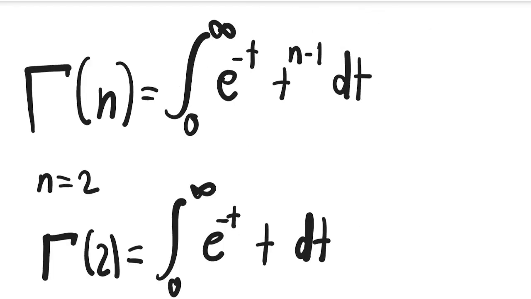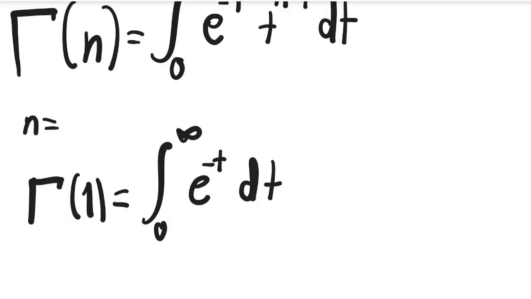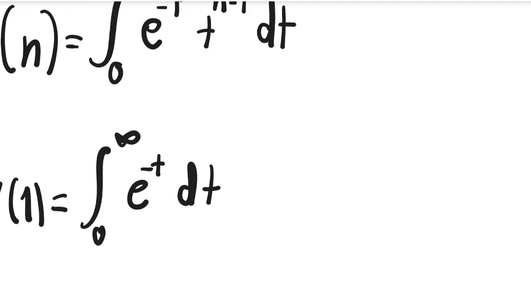We have a very specific, pretty well-known case, which is gamma of 1, because if you have gamma of 1, here you will have 1 minus 1, which is 0, and then you will be left with the integral from 0 to infinity of e to minus t dt. This is a very easy integral because it will simply be minus e to minus t, and then you evaluate from 0 to infinity.